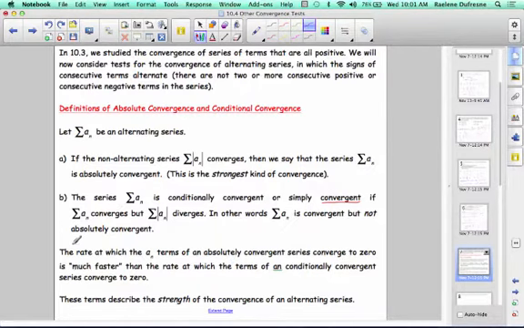Recall that the nth term test for divergence says: if the limit as n approaches infinity of an does not equal 0, then the series of an cannot possibly converge.